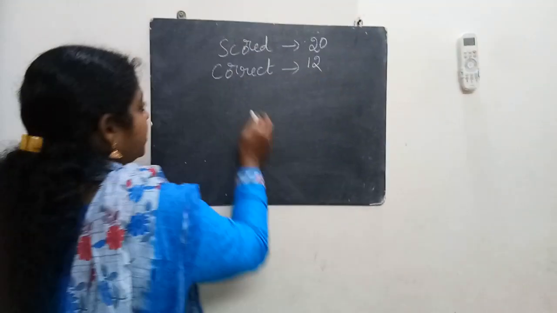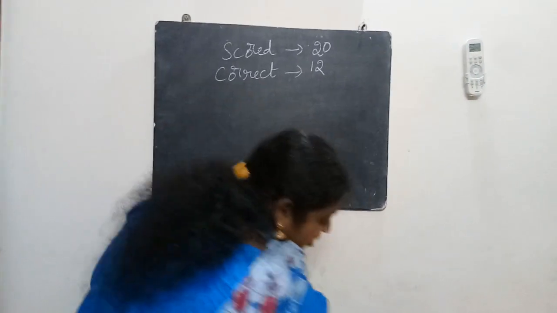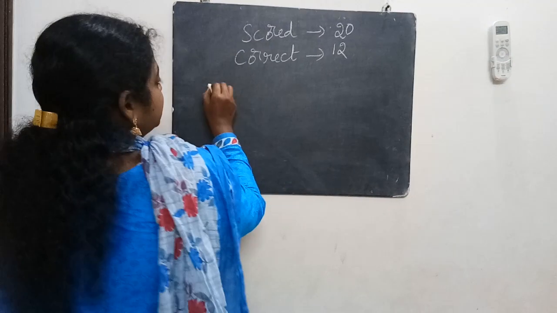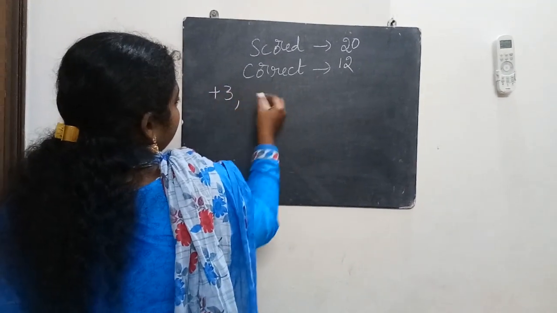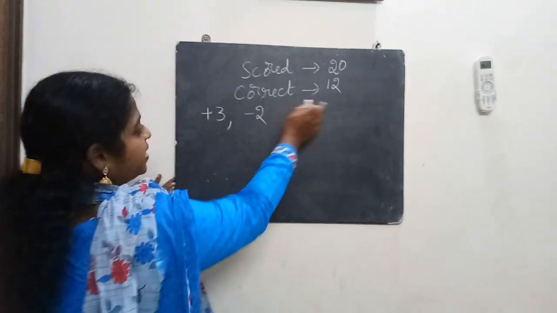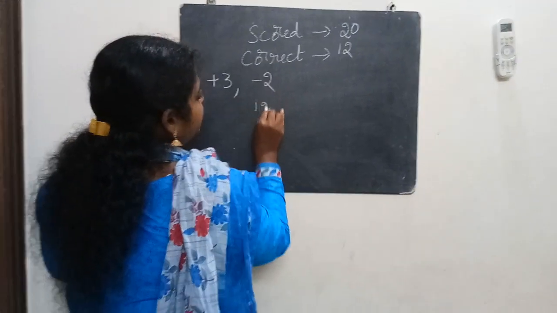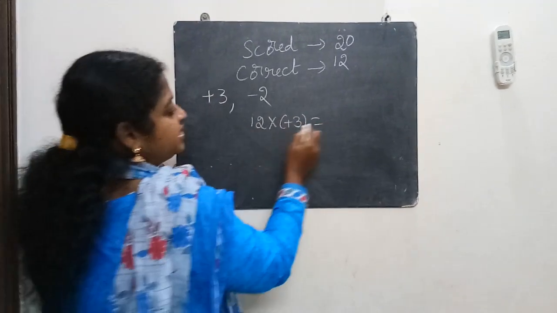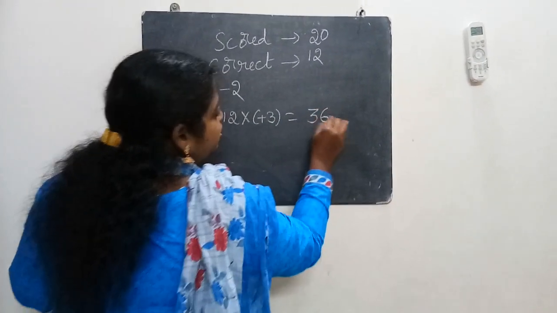So here the correct ones are 12. What are the marks for that? For correct, plus 3 marks. For incorrect, minus 2 marks. So she got 12 correct answers, which means 12 into plus 3. 12 3s are 36 marks she should score.